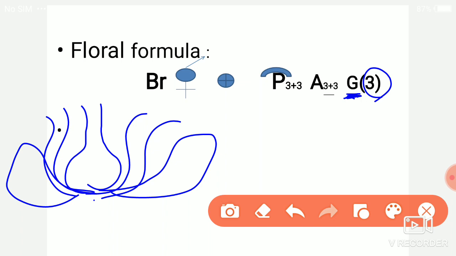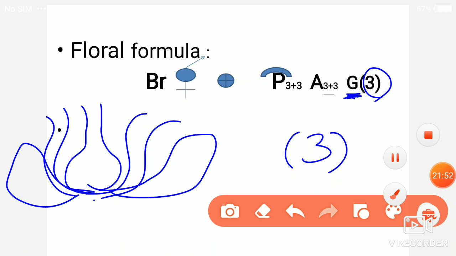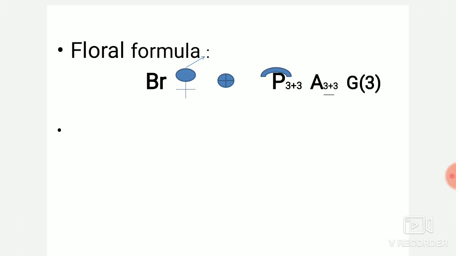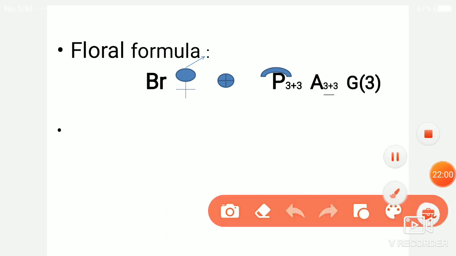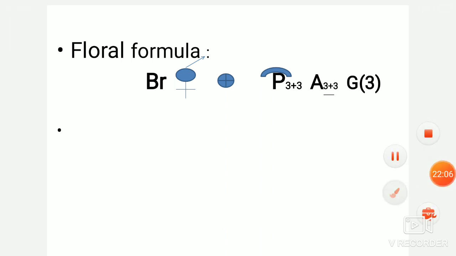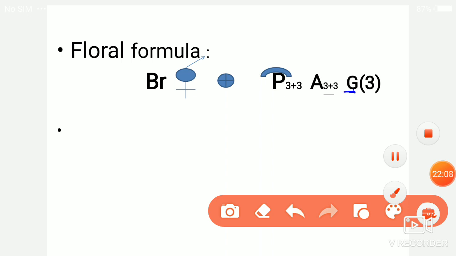How many carpels are there? 3 carpels. All the 3 carpels are fused, in a syncarpous condition. That's why it is in the bracket. And here the superior ovary.